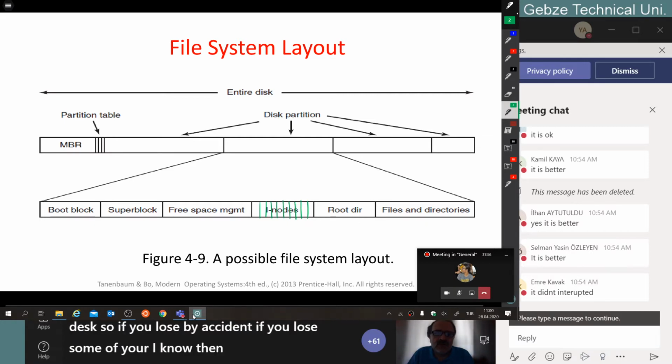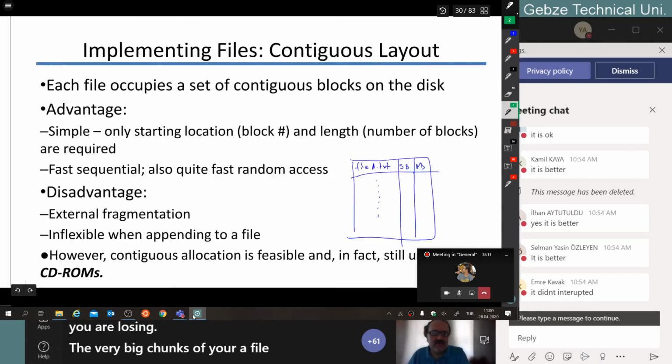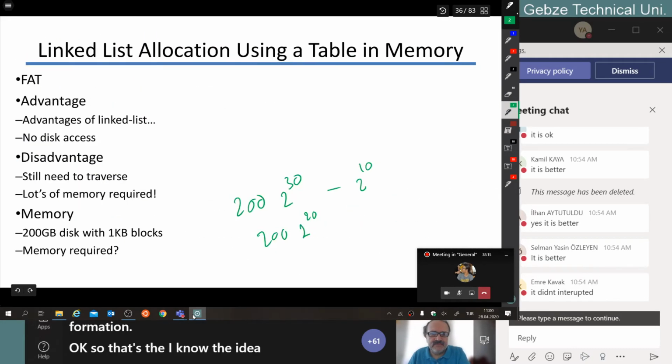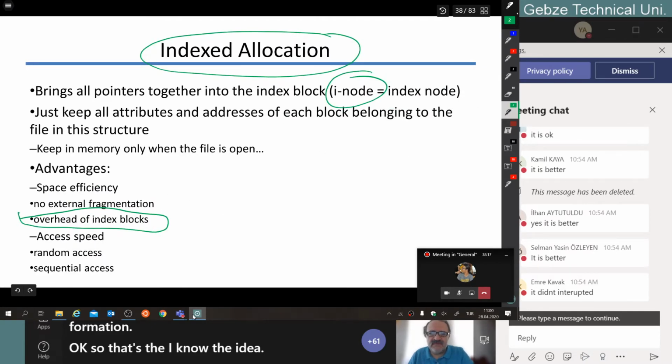So inodes are so important. If you lose your inodes, that means you are losing very big chunks of your file information. So that's the inode idea. As we call it, this is index allocation.